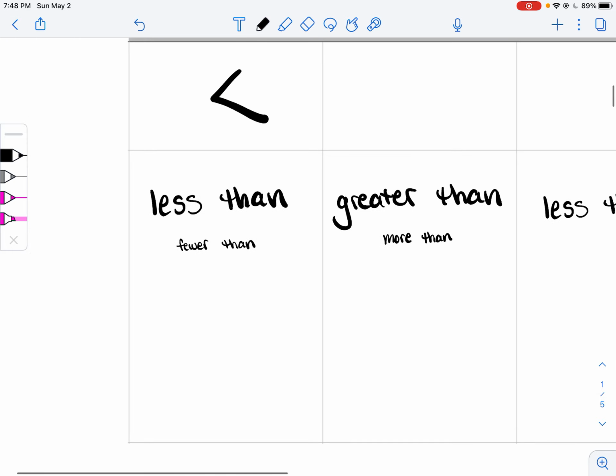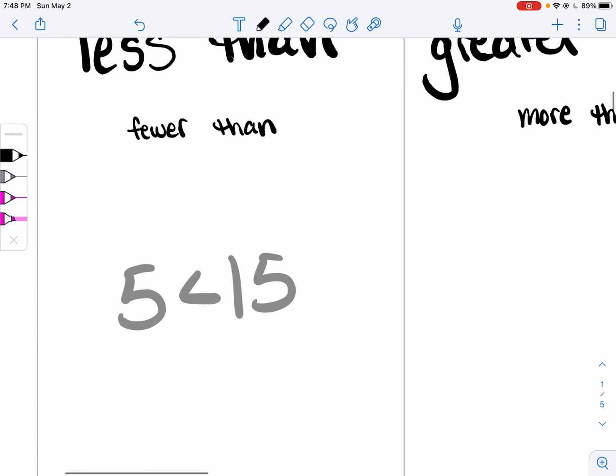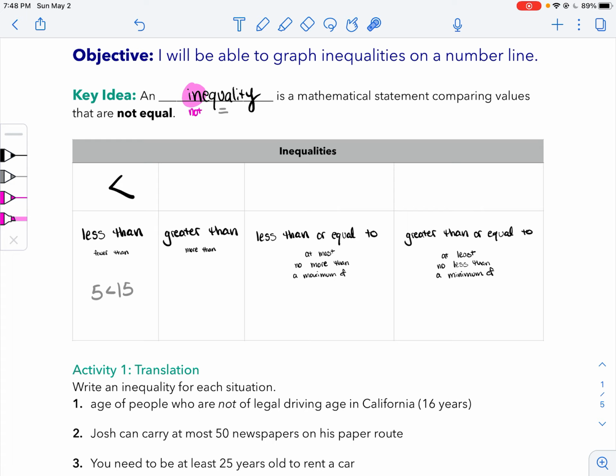For example, you would say 5 is less than 15. Back in elementary school, you might have had a little shark mouth, because your shark wants to eat the bigger number. Same concept still applies. So we call this guy less than.